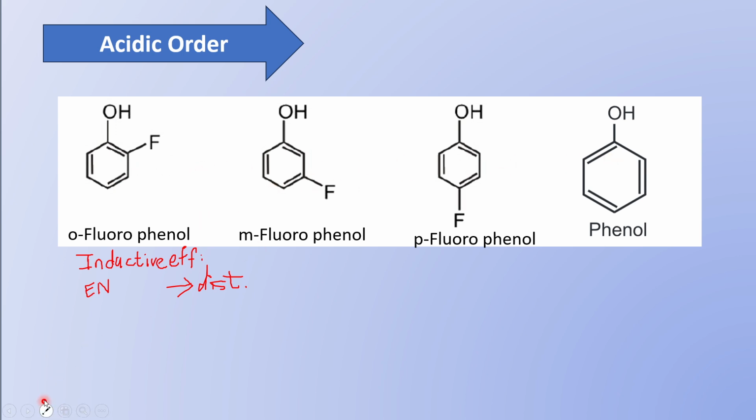Another point is that it is a permanent effect. It is not a temporary effect. It is going to exist in the molecule, it is not going to vanish, it is not going to go away.